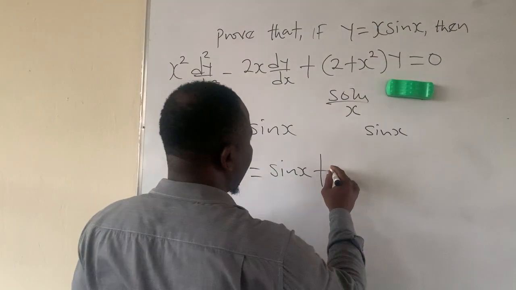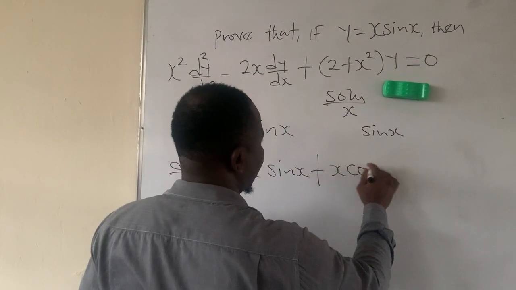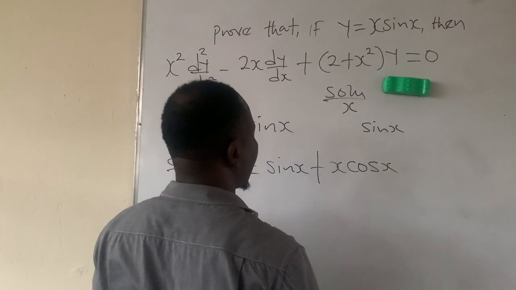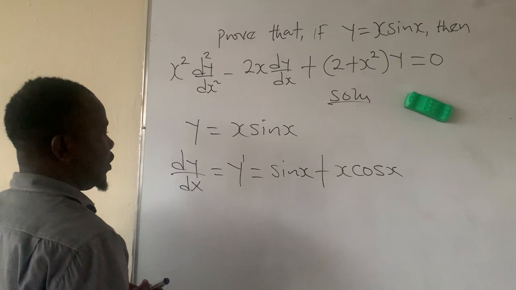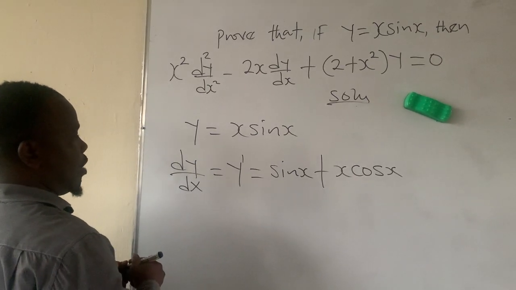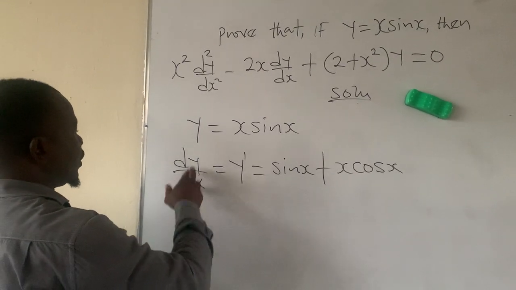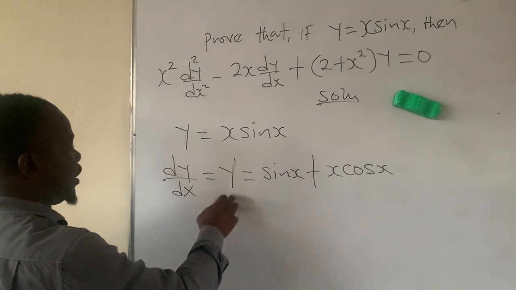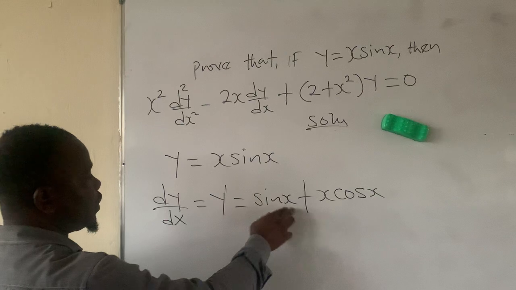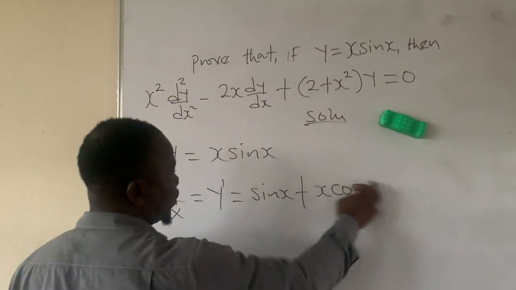So here will be x cos x. That is our first derivative. It implies that dy over dx, which is the same thing as y prime, equals sine x plus x cos x.